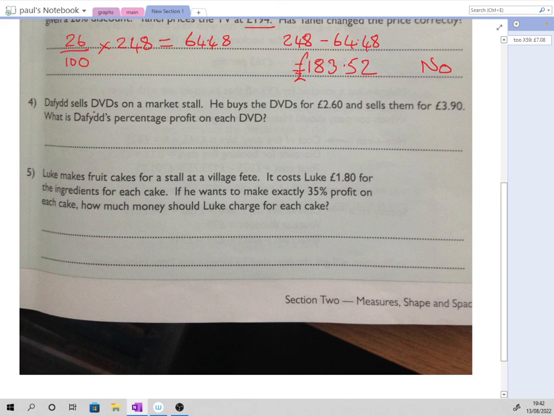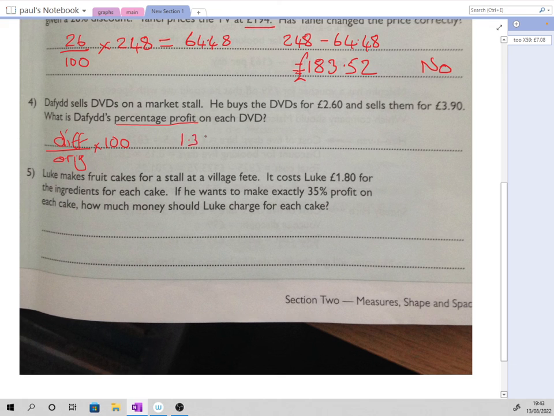Let's have a look at these. Daffyd sells DVDs on a market stall. He buys the DVDs for £2.60 and sells them for £3.90. What is the percent? So we've finally got round to a percentage profit question. So remember, it's the difference over the original times 100. So the difference between these two numbers is £1.30.